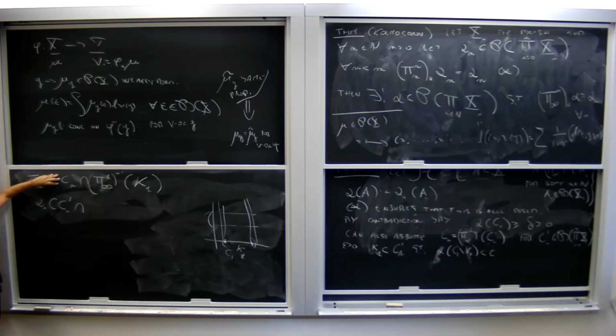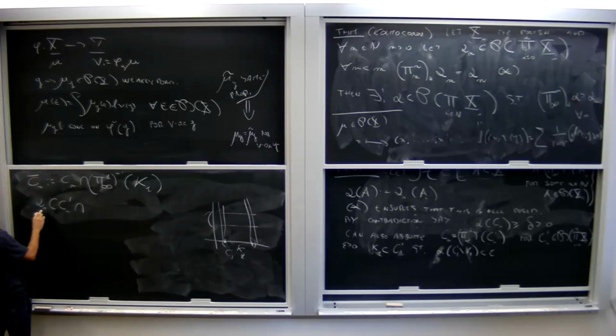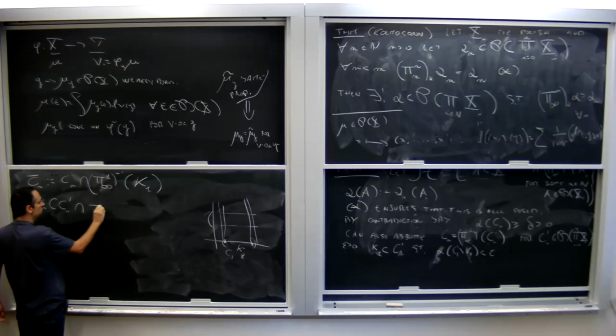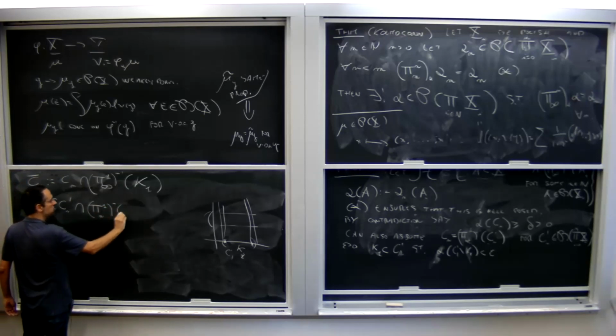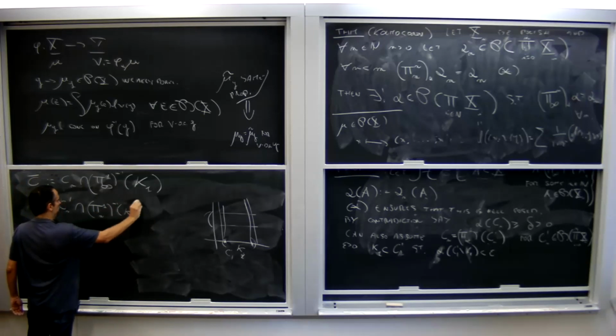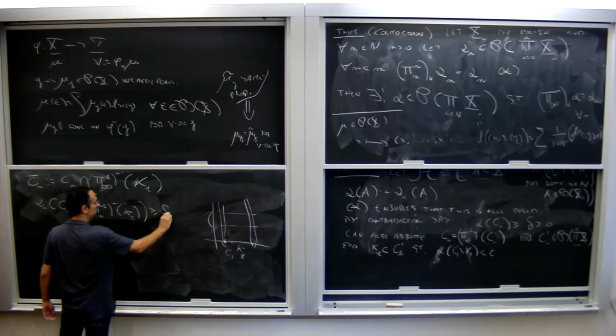Well, the idea is that this is going to be at least delta minus epsilon. In other words, it can be made as small as I want. Is this clear what I'm saying? So alpha n of Cn prime intersection phi n1 preimage of K1 is at least delta minus epsilon.